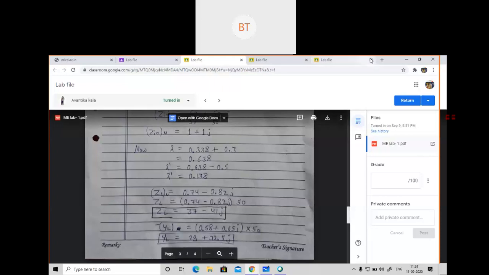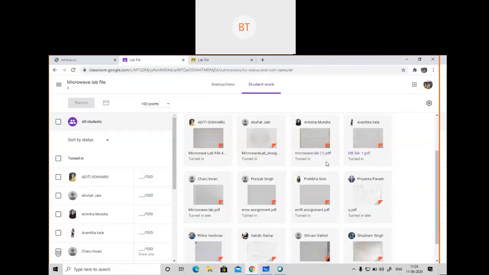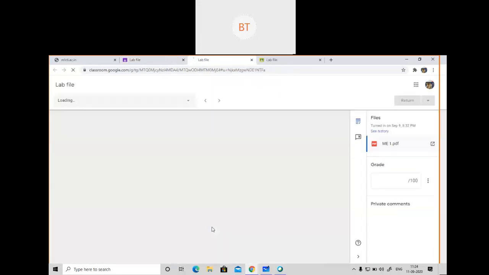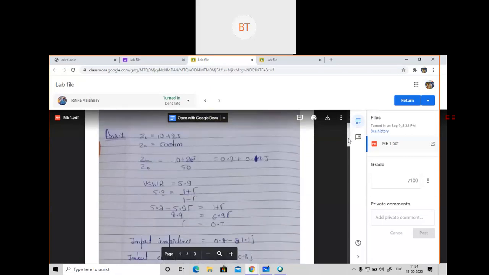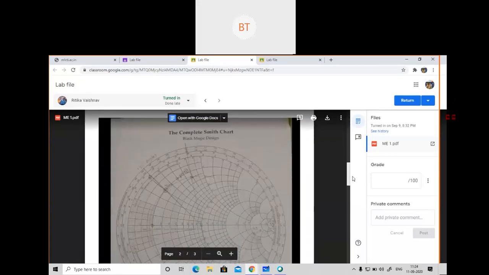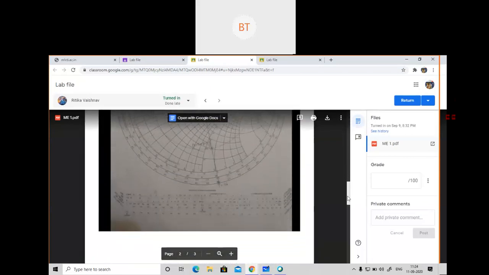Anybody else claiming? Anybody who has claimed that they have done it? Ritika, you also. Let me check your copy. I assume that everybody did the first question correctly because it was the simplest problem.